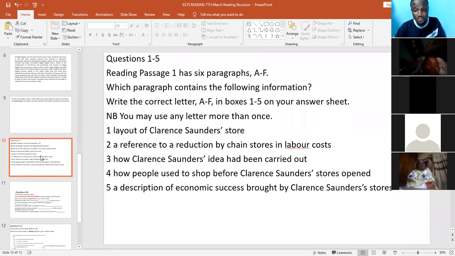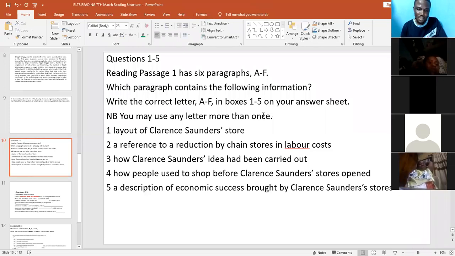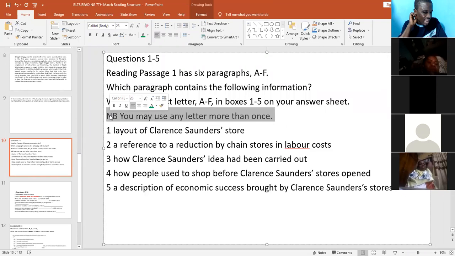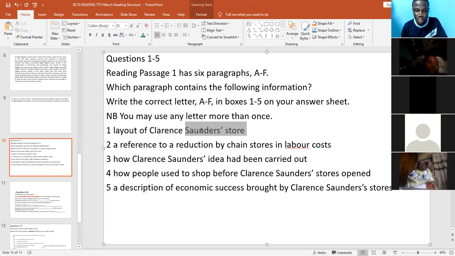It was there in that C. The reference to the reduction in chain by labor cost, no. How Karen Sanders' idea has been carried out, possibly, because we have been noted, you may use any letter more than one. So it's possible that C is answering question 1 and question 3.